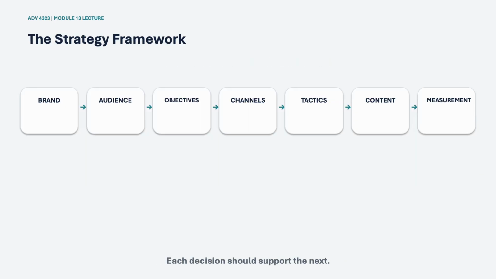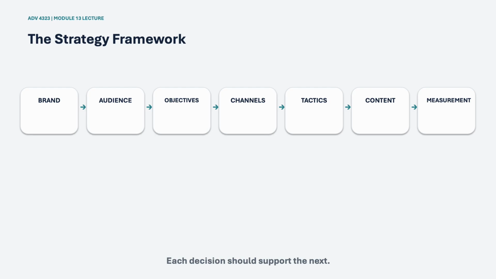This slide gives you the big picture of what we're doing. A strong social media strategy begins with the brand and the audience. From there, you should establish your objectives, choose the appropriate channels, identify the tactics you will use, develop your content, and determine how success will be measured. Notice that these aren't isolated decisions.